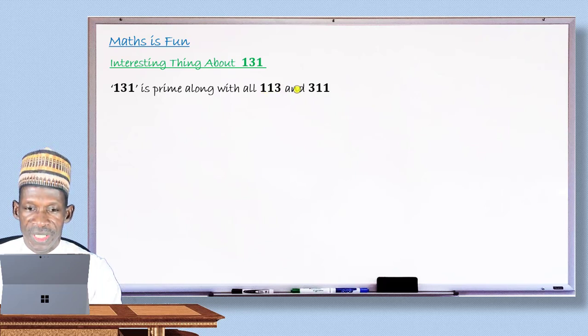It so happens that these three numbers, 131, 113 and 311, are all prime numbers. This is really amazing. I doubt other numbers will give you all combinations of numbers that you can have using those digits, and all of them to be prime numbers. So we see more of these interesting things in mathematics in our subsequent lessons.